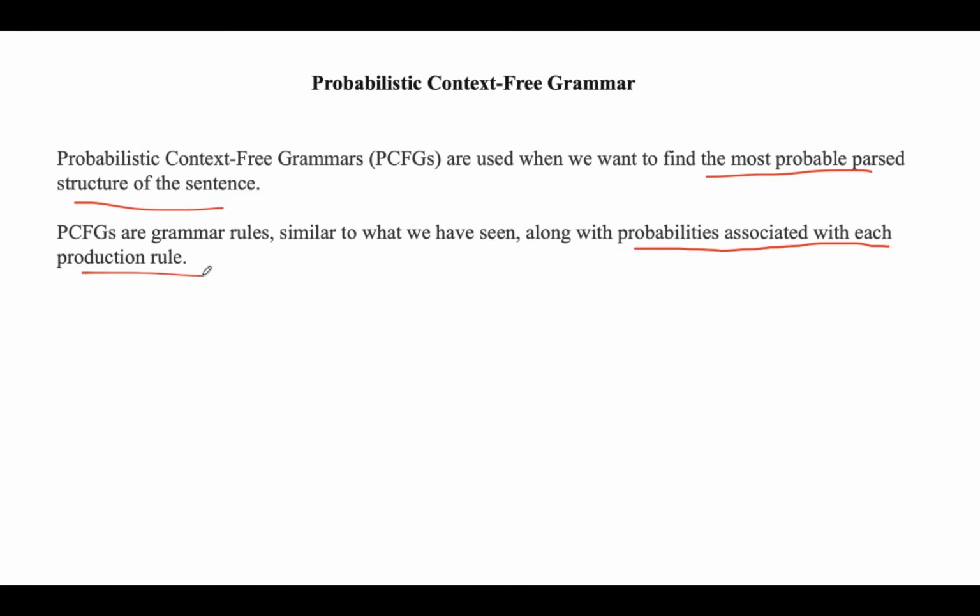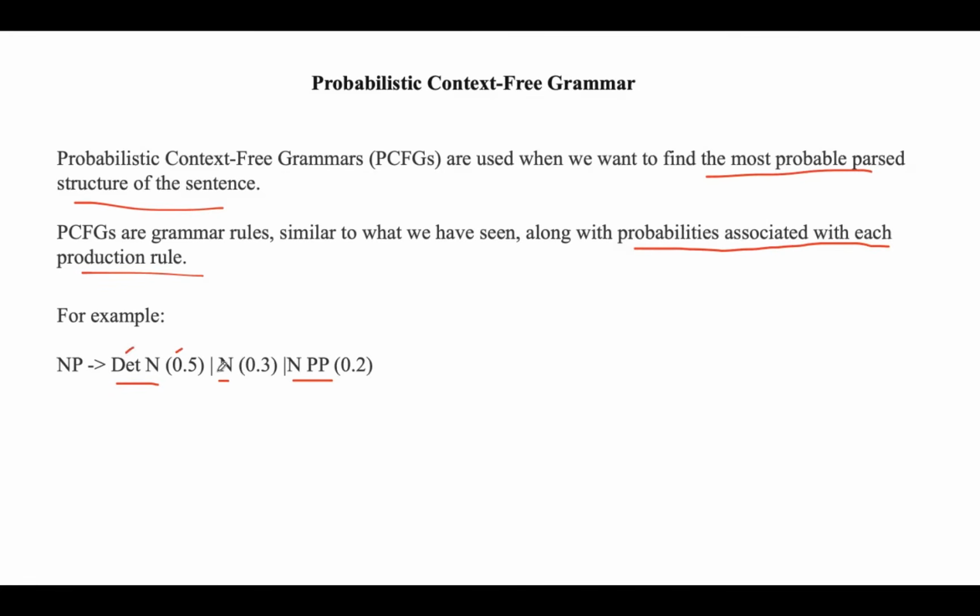Let us see one example. Suppose this is a production: NP derives determiner noun. This is one combination we saw. Or it can be noun, or it can be noun preposition phrase. Along with the production rules, we are assigning probabilities. Probabilities are associated with each production rule.